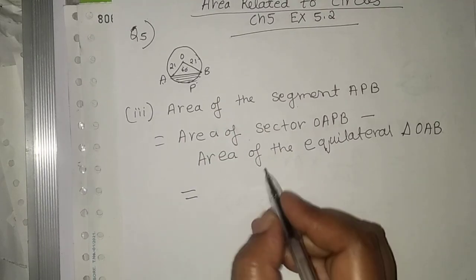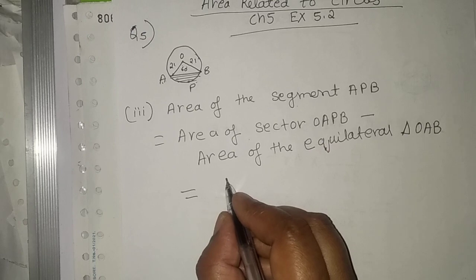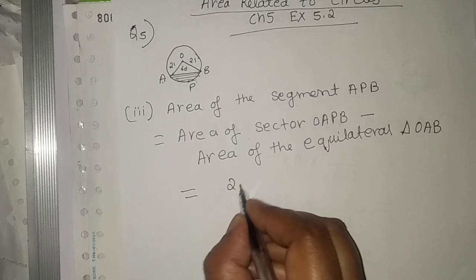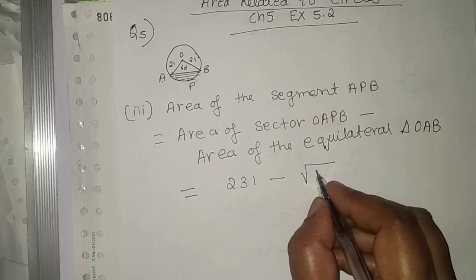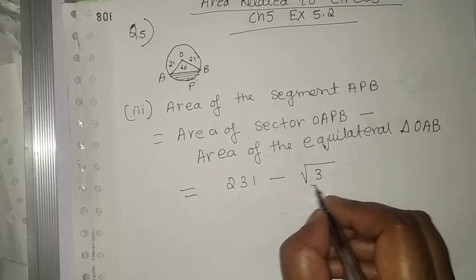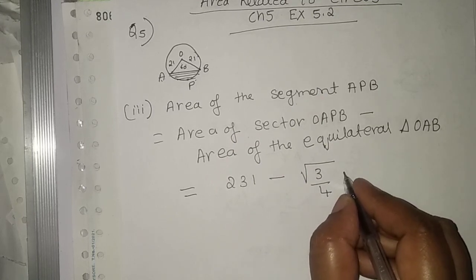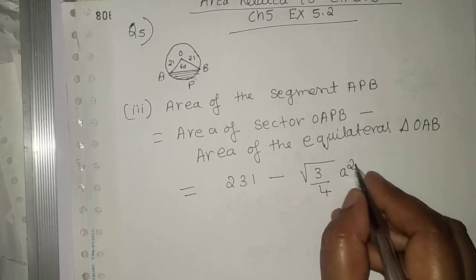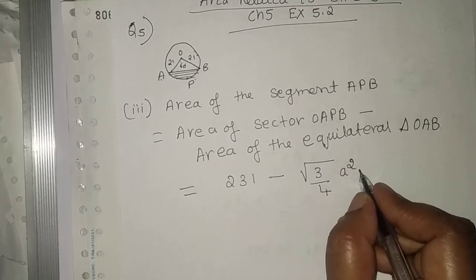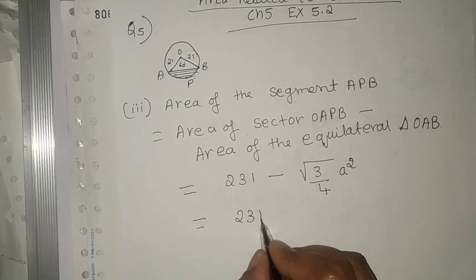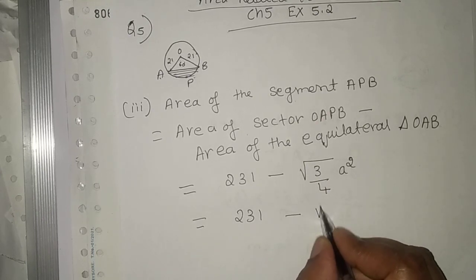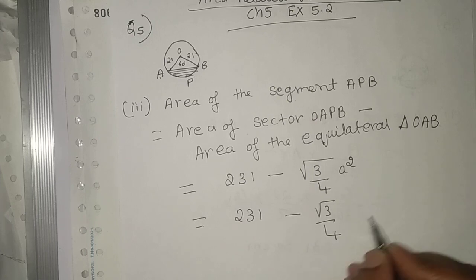So for this we got the area of the sector as 231 minus root 3 by 4 a square, which is equal to 231 minus root 3 by 4 a square.